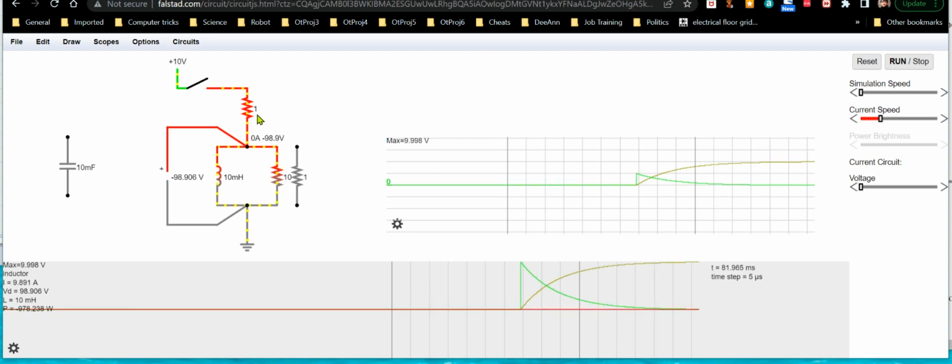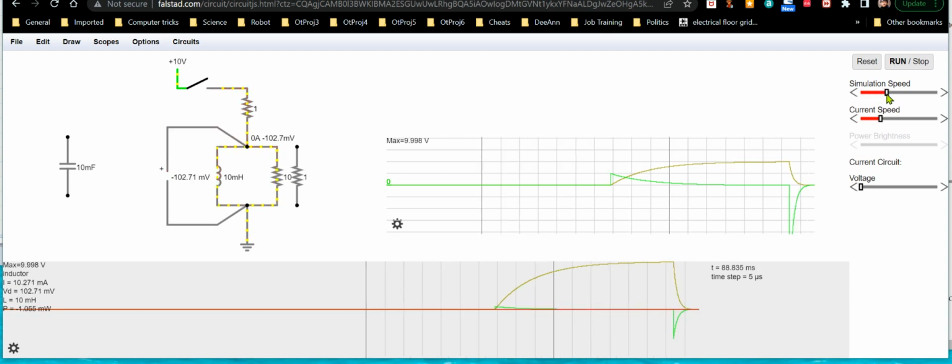But for a given inductor, a small resistor takes longer for this field to charge than a bigger one, because you're putting more energy into the inductor. But here, if you discharge through the same size resistor, the voltage it generates is equal. But if you put a bigger resistor in it, you're going to get 10 times the voltage out of it. And you'll see that here in a second.